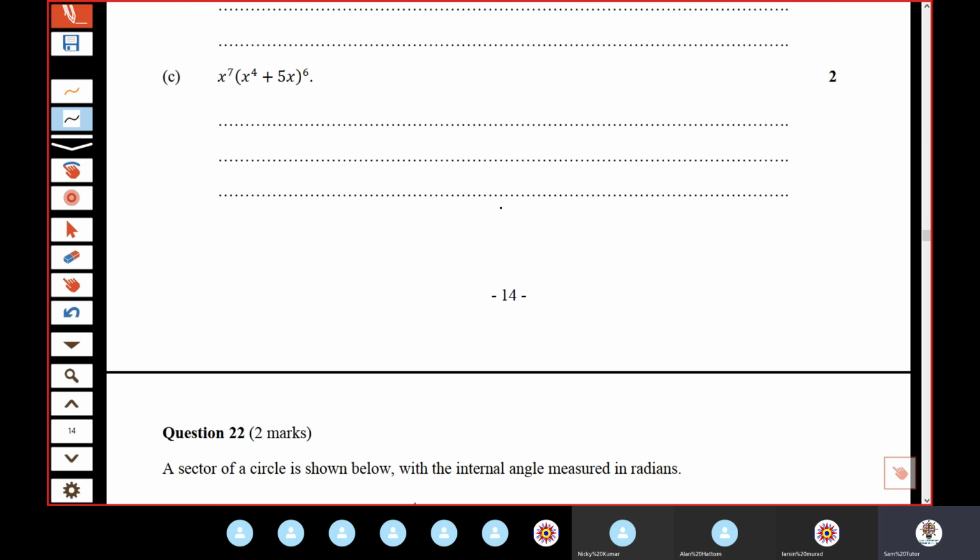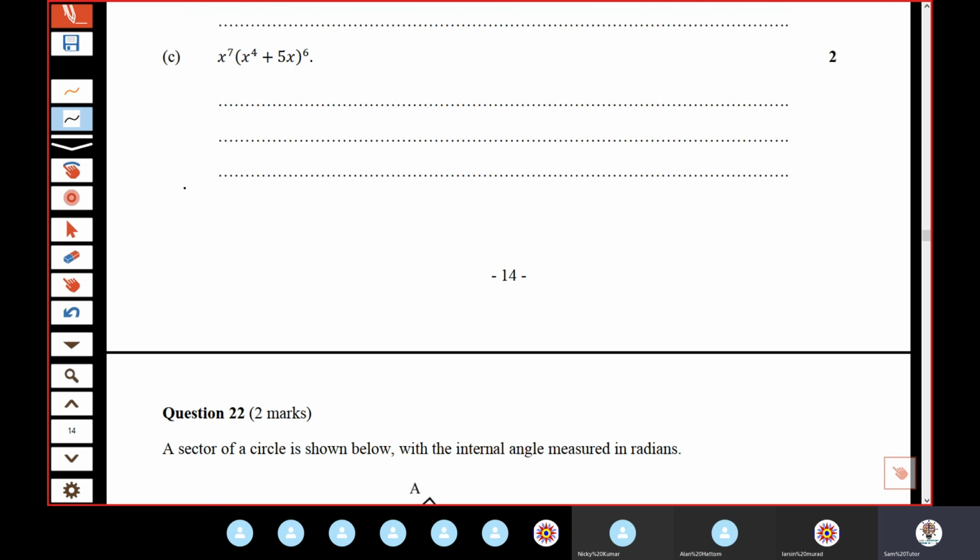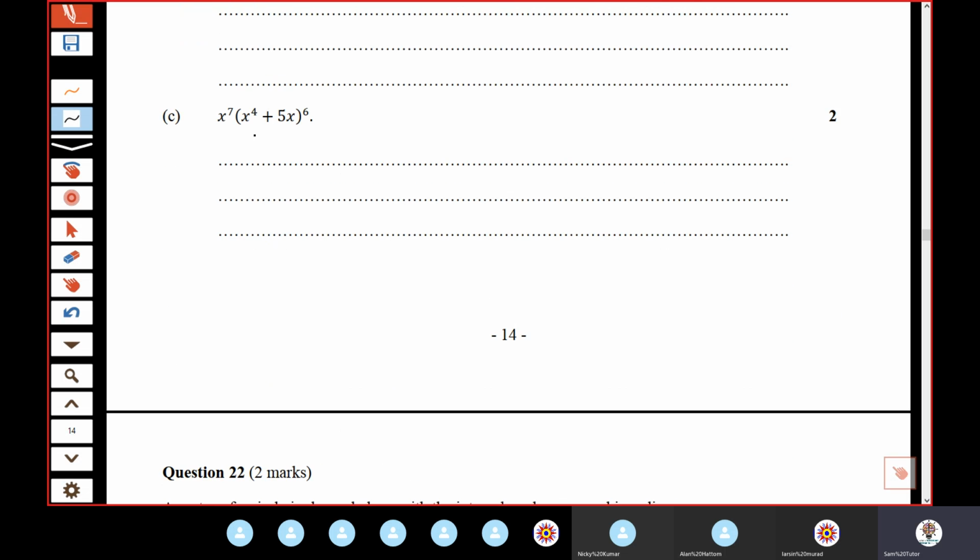All right. Let me do this one here as a recap, and this will be our last one. So this is a product rule, and within the product rule, there's going to be a chain rule, of course. So y dash equals u dash v plus v dash u.